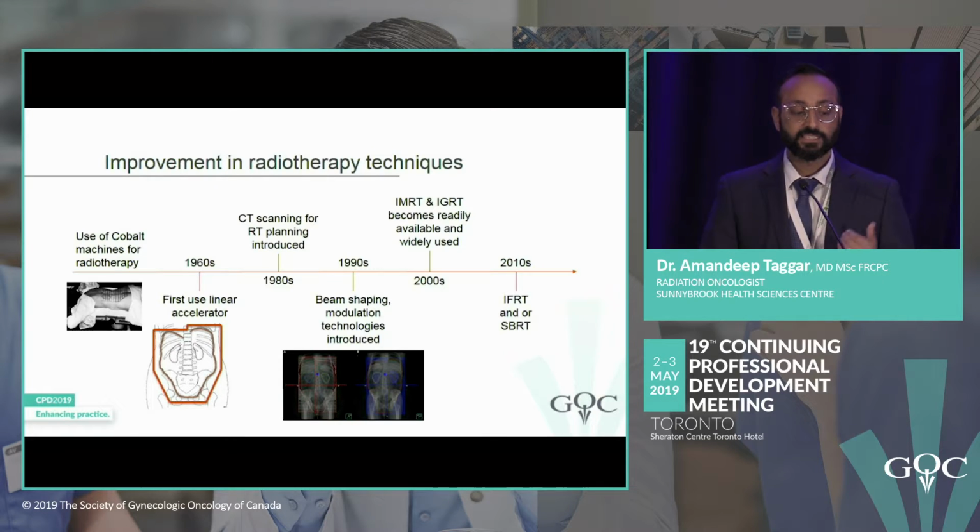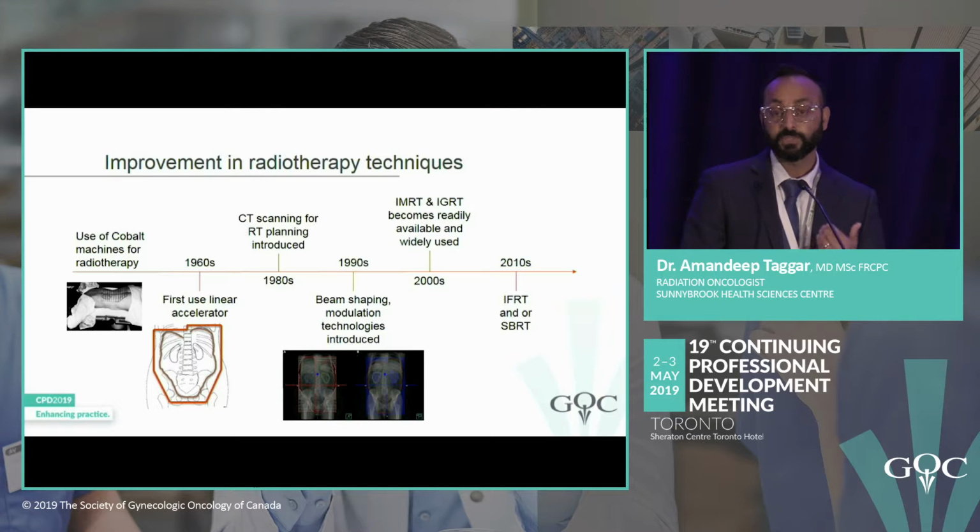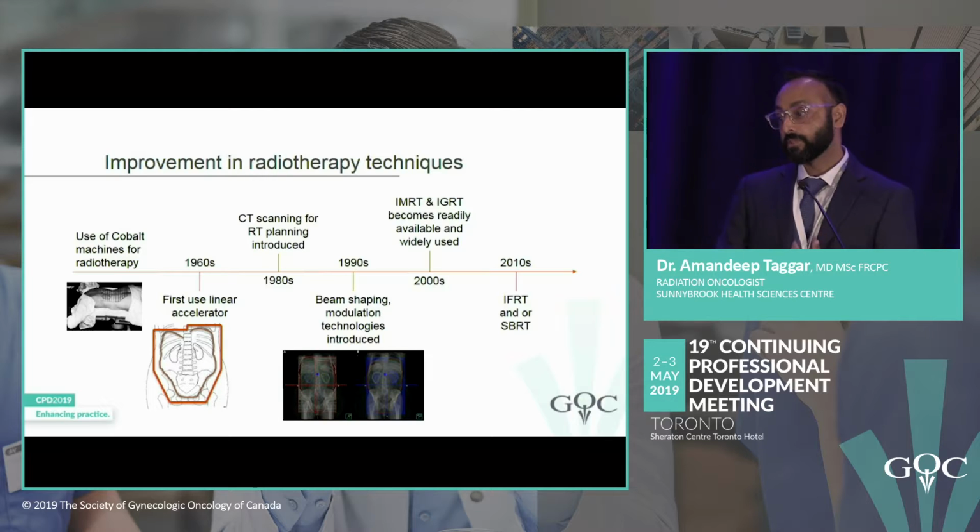By the 1980s and 1990s, we started to incorporate 3D imaging, CT scans, and MRIs to really delineate where the radiation should be delivered and which organs should be targeted and which organs can be spared. By the 1990s, we were starting to incorporate technologies that shape the beams around these critical structures.